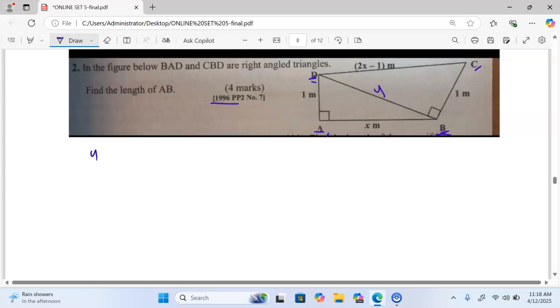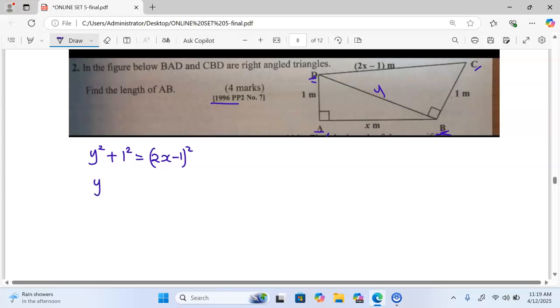If you square the height plus the square of the base, which is 1 squared, this must give us the hypotenuse squared, and the hypotenuse is 2x minus 1 squared.